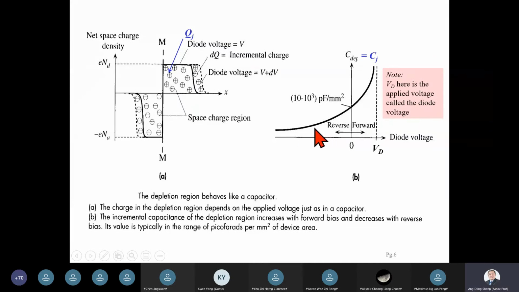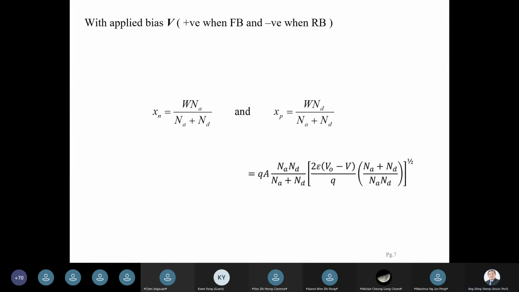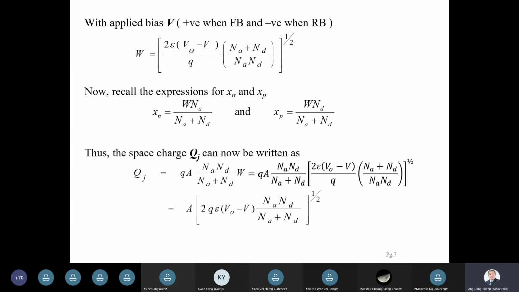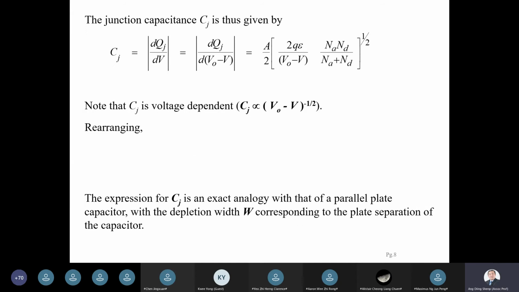So the junction capacitance is not fixed, but is a function of the voltage, which changes the width of the depletion region, which can be regarded as the separation between two parallel plates of charges within the PN junction. With that, I hope you have a clear idea what junction capacitance is.